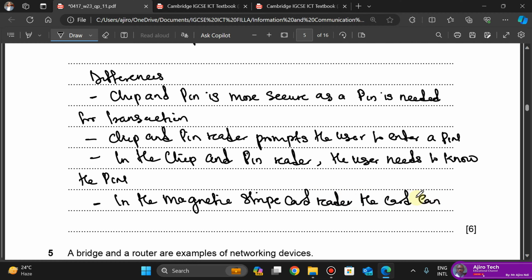I can just take your card and swipe it in. It can be used by anyone, as no pin is needed.